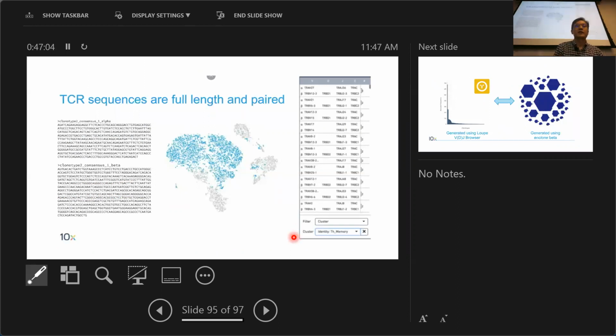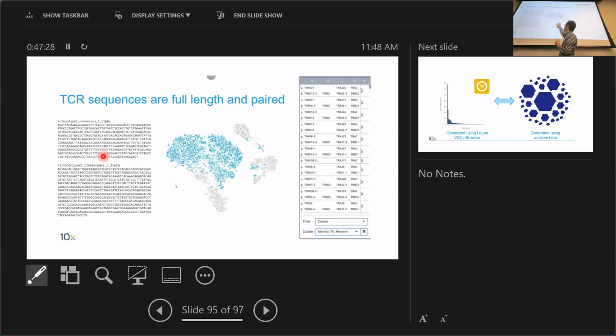Then you can have a regular t-SNE plot for your T cells. In this case, yes, it's T cells. Because you have this information, you get a T cell t-SNE plot. You also have the receptor combinations.